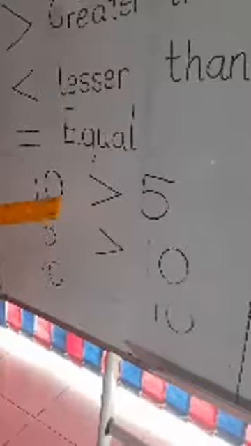Now we are going to introduce numbers to the grade 3 learners. I've written some numbers here. Who can tell us what this means? I'll start here. With the greater than sign, it means 10 is greater than 5.